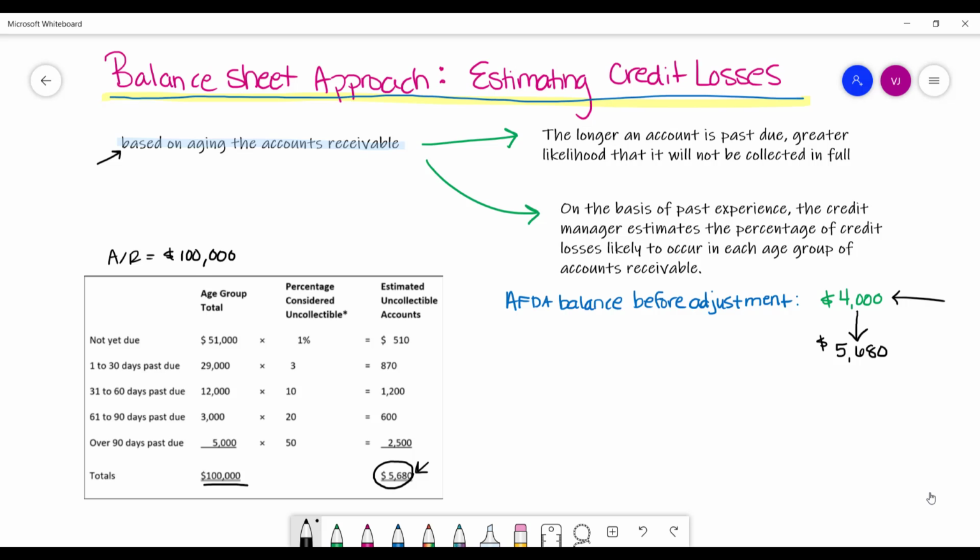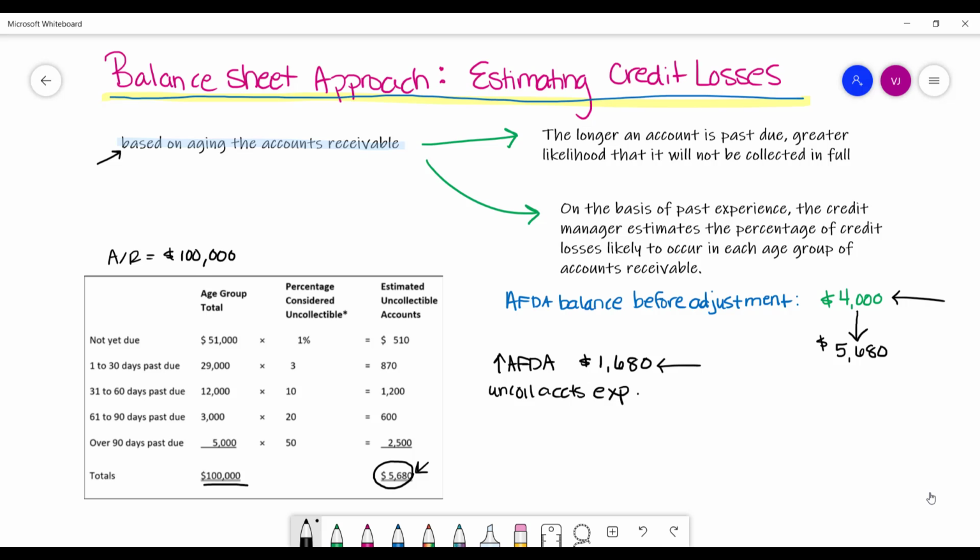To get from $4,000 to $5,680, we need to increase the allowance for doubtful accounts balance by $1,680. This will not only be how much we increase the allowance for doubtful accounts by, but also the recorded uncollectible accounts expense for the period.